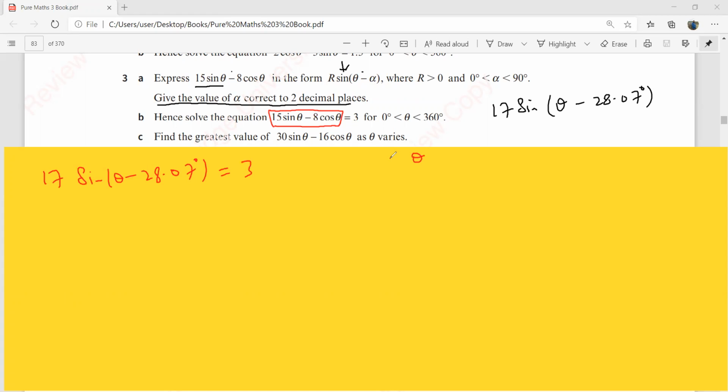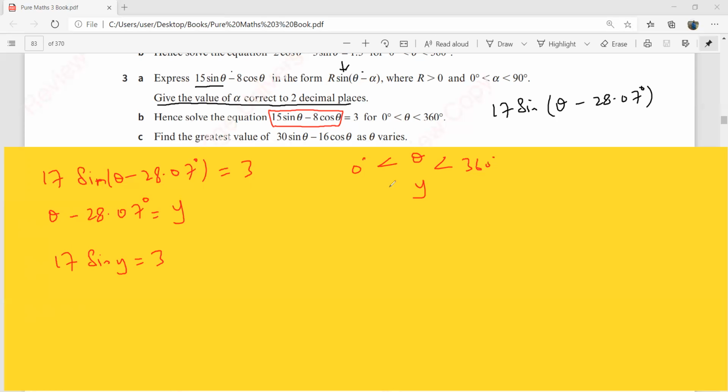And your theta is between 0 and 360. If we can't handle this mentally, because at P3 level students start doing many things mentally, you just put that equal to y. So this is 17 sine y, that is equal to 3.